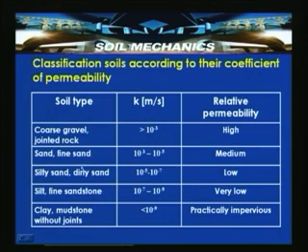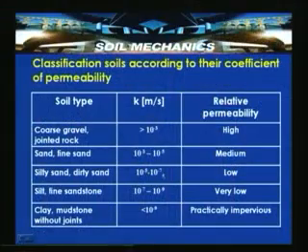Silty sand, or dirty sand mixed with organic constituents, we can say that the permeability is of the order of 10 to the power of minus 5 to 10 to the power of minus 7, and we say low permeability. Silt and fine sandstone can have permeability in the range of 10 to the power of minus 7 to 10 to the power of minus 9 meter per second, and we can say very low permeability. Clay and mudstone without joints can also exhibit a permeability less than 10 to the power of minus 9 meter per second.